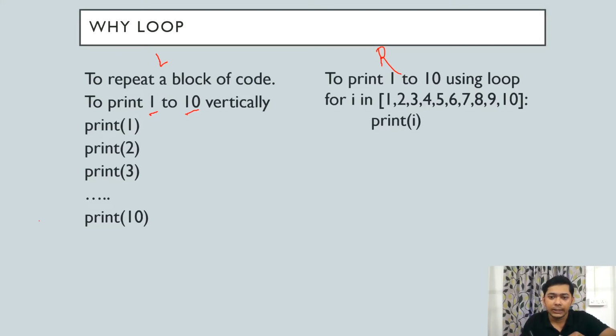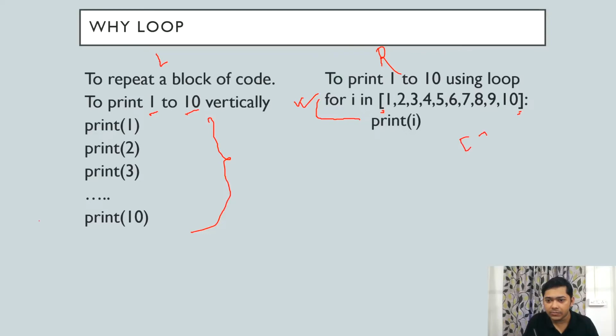You see what I have done here, only two statements I have used to print the same output. The way I have written this code, two lines of code, what I have achieved by writing 10 print statements, I can achieve the same thing by writing these two statements.